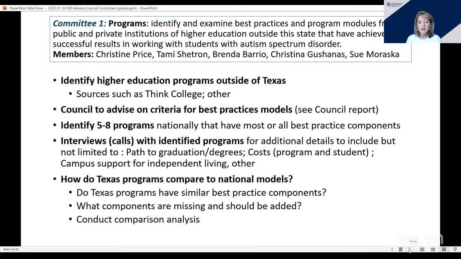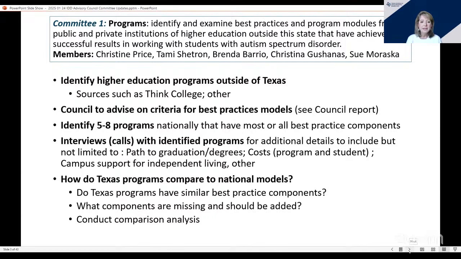And so looking at what we have put in our previous reports, identifying what criteria might be considered a best practice model. This could also come from other sources, such as the National Clearinghouse on Autism Evidence and Practice, and some other places that we could look at in terms of best practice models.